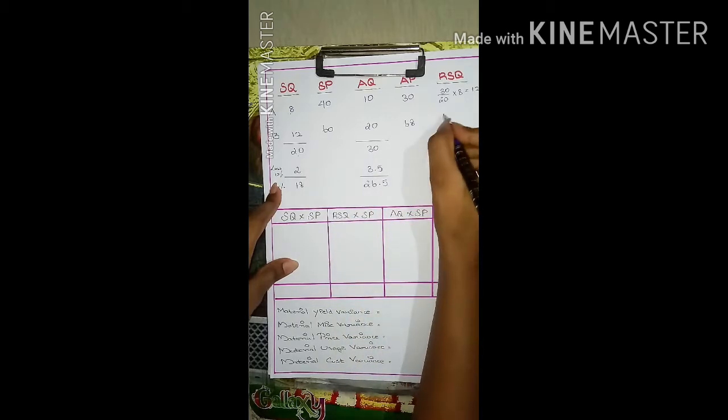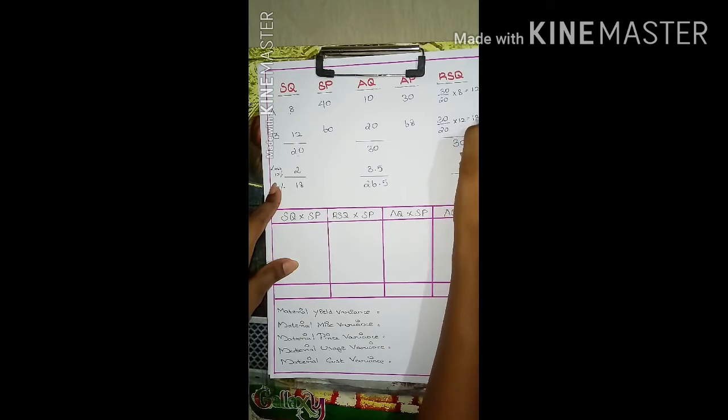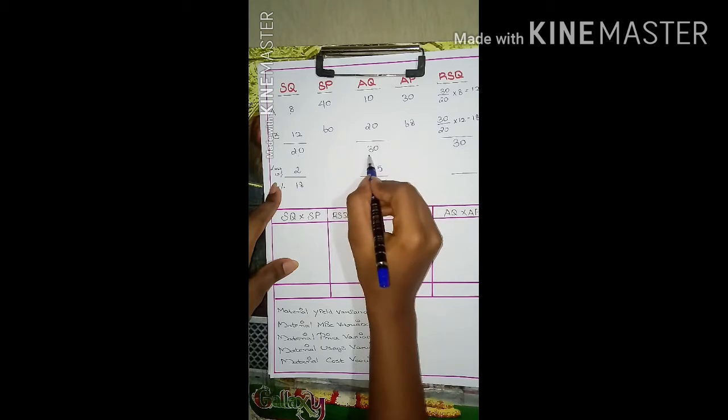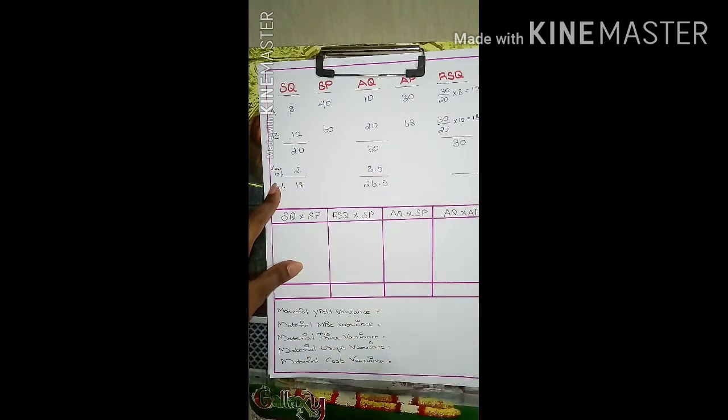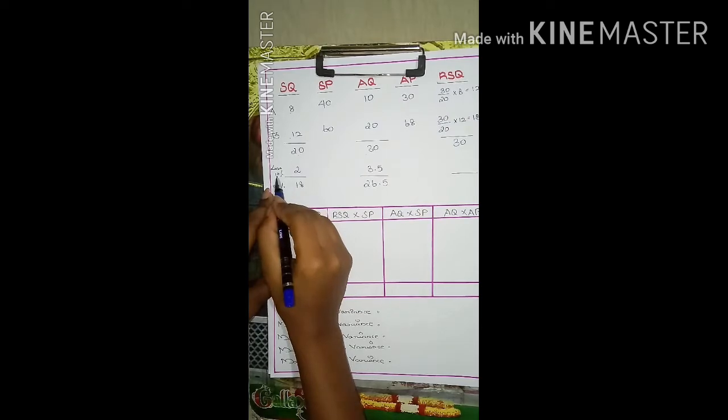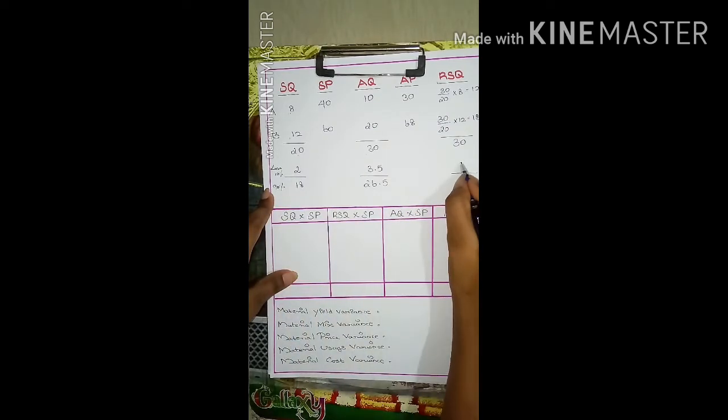And for B, it's 30 divided by 20 into 12, which comes to 18. When you add up, the total comes to 30, same as the actual quantity. And if there is a 10% loss, which comes to 3, then the output is going to be 27.